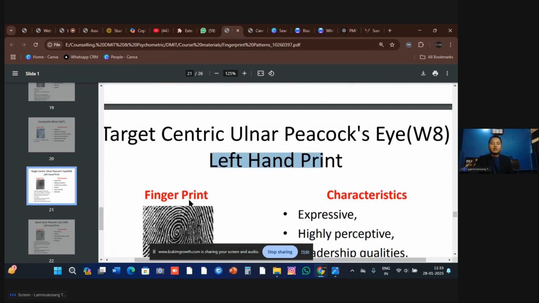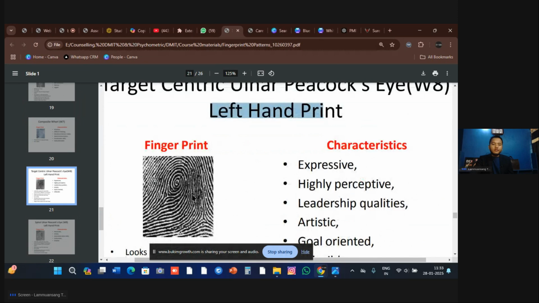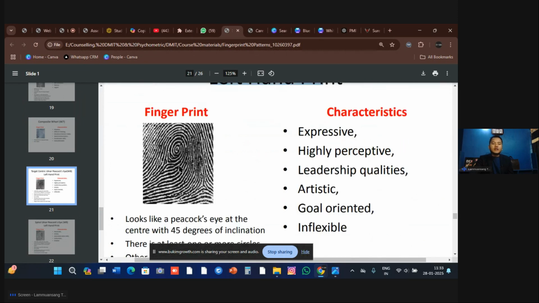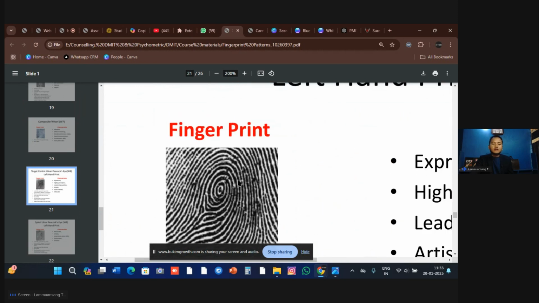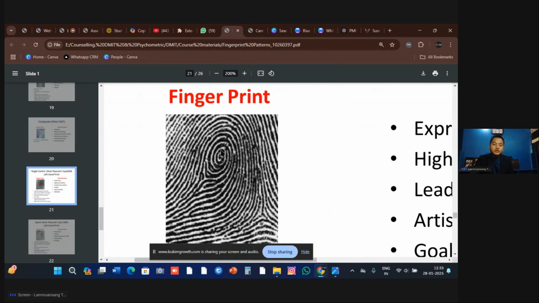These are the peacock eye. Target centric. Target centric means what? Complete circle. Okay, see, target centric, complete circle. If you see a complete circle like a peacock here starting, where is the center? This is the center. From this you have to count till here.